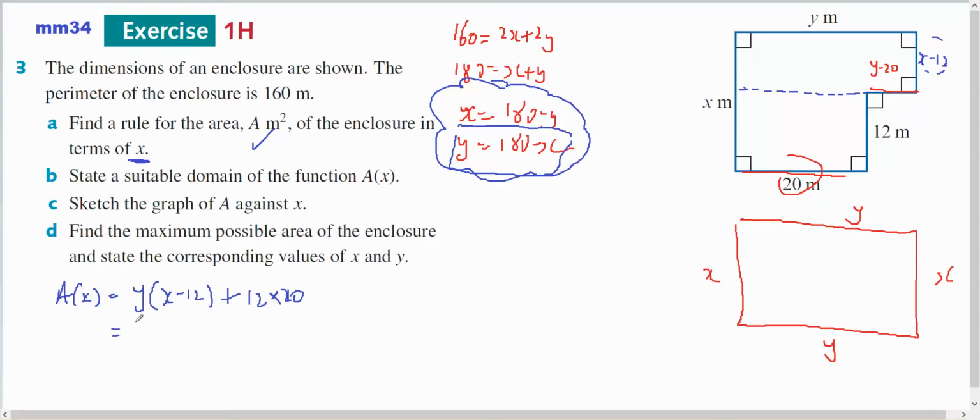So y is 80, not 180, I divide it by 2. So 80 minus x times x minus 12 plus 240.